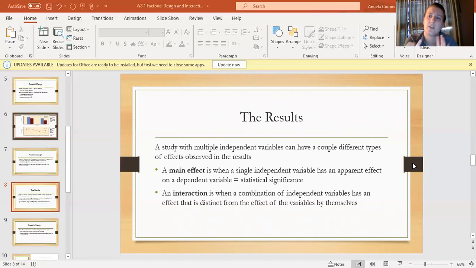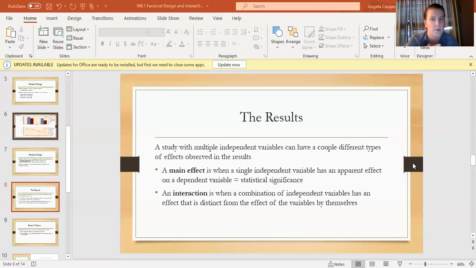The cell phone usage and the time of day, that was a multi-independent variable study. But with interactions, it's not as simple and cut and dry as one condition of one independent variable doing better than the other. Since we have all these different conditions, we have at least four with a basic 2x2 factorial design, two independent variables with two conditions each.